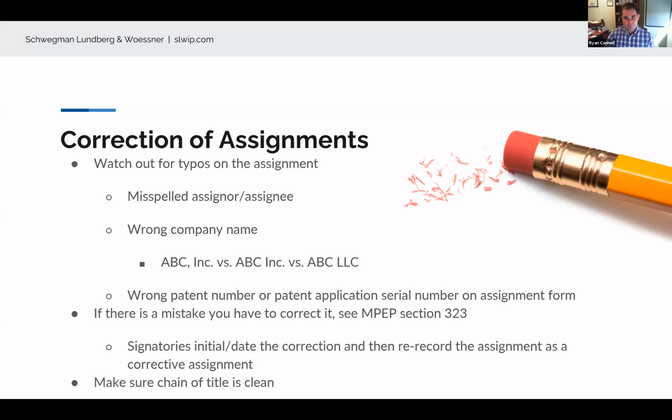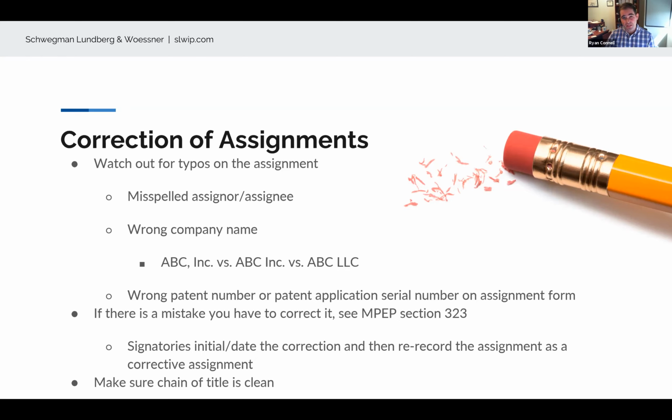You can get the wrong patent number. You might, as a typo, list an application other than the one you intend to assign. This can happen on your end. Sometimes a third party might accidentally list your company's name on the assignment, and it can all be fixed. But it's just stuff to be cognizant of and make sure that your portfolio is in good shape.